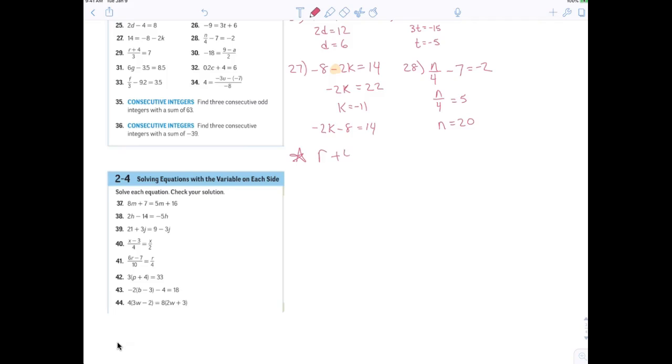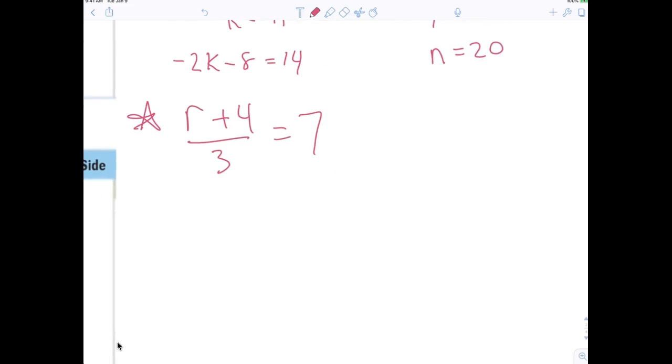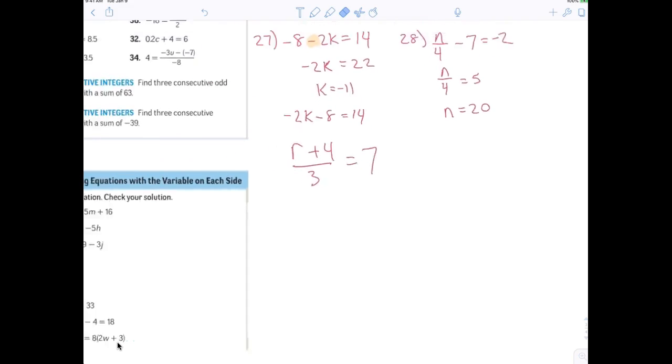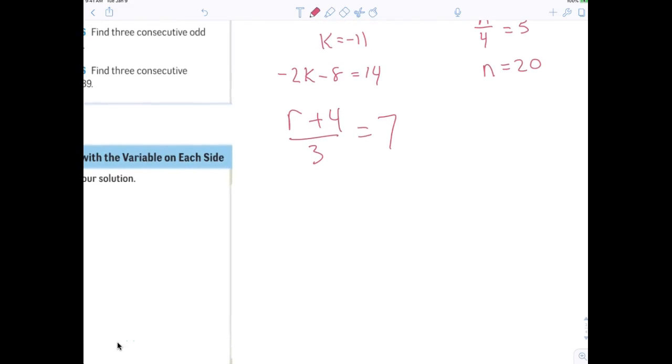R plus 4 divided by 3 equals 7. This is kind of like an exception to the rule, Carter, right? What do I have to do first on this one?